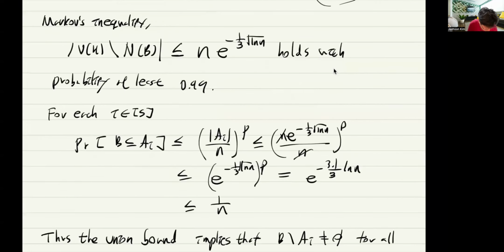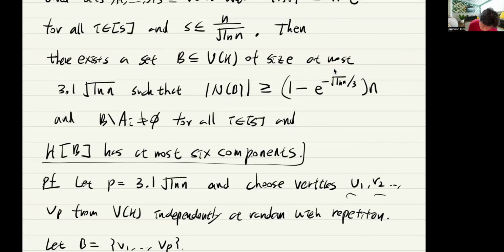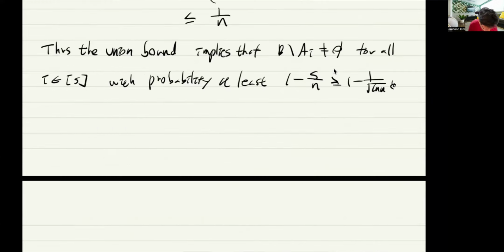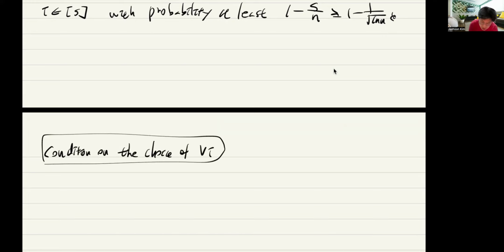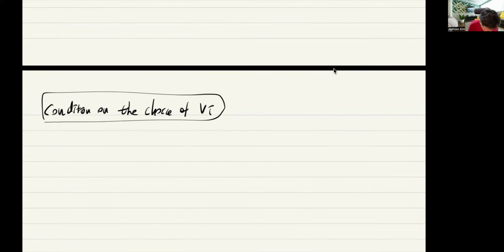And finally, we want to make sure that it has at most 6 components. For that, let's say we condition on the choice of B_i. As all the choices of B1, B2, B3 are independent, once we condition on that, the number of neighbors of this in B is like, we consider all the other choices B_j with j not equal to i.